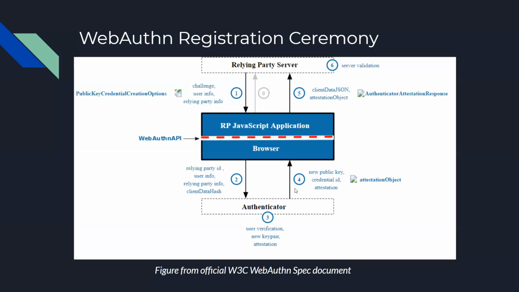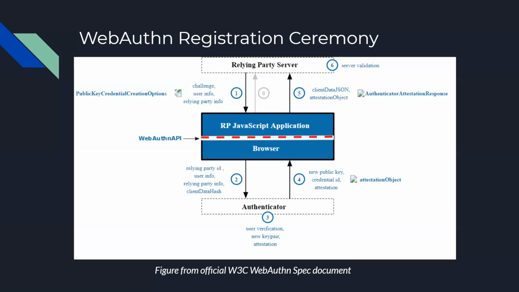The client again receives it in form of byte arrays. Now we cannot send byte arrays directly to a server over the HTTP protocol, so we need to convert it to base 64, and it is sent back to the relying party. Now, the relying party can validate this information. First of all, it needs to validate that the challenge matches the original challenge that they sent as part of the initial request.